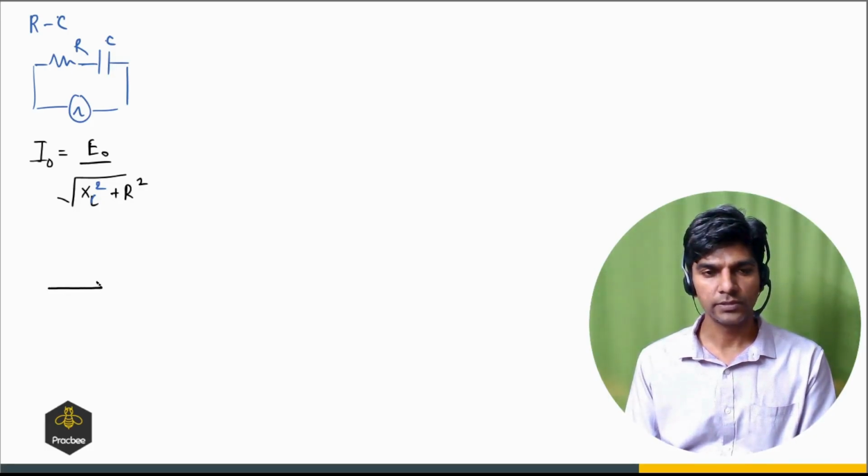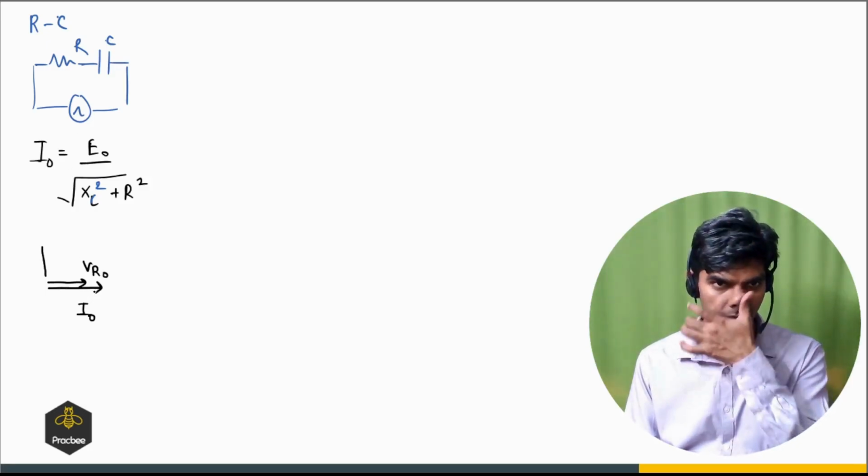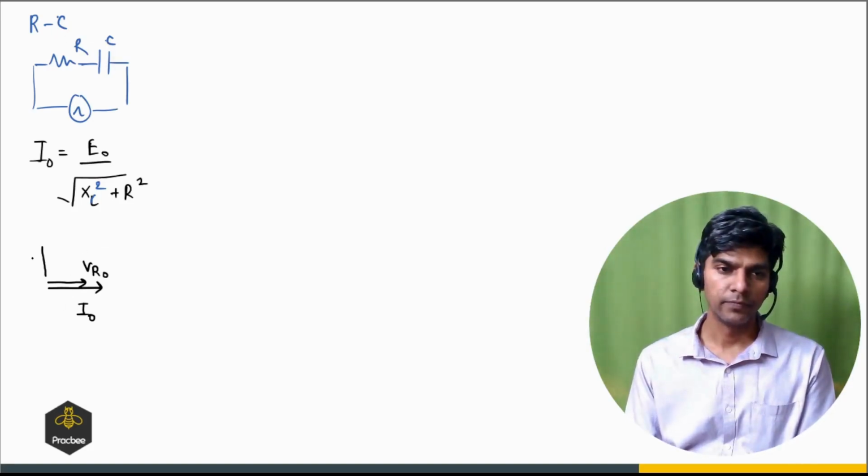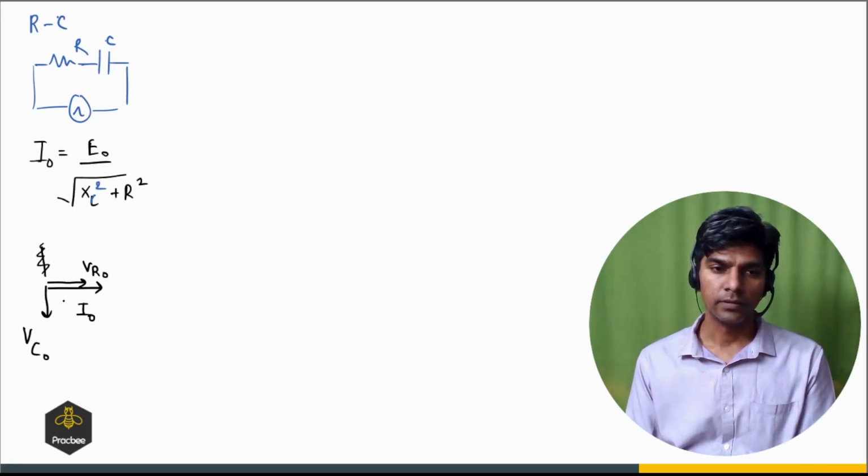And in this case, we can draw the phasor diagram. So if this is I naught, then this will be VR naught, and this will be, in this case, the current. Again, we have an RC circuit, so the current will lead. So here you can say this will be VC naught, right?